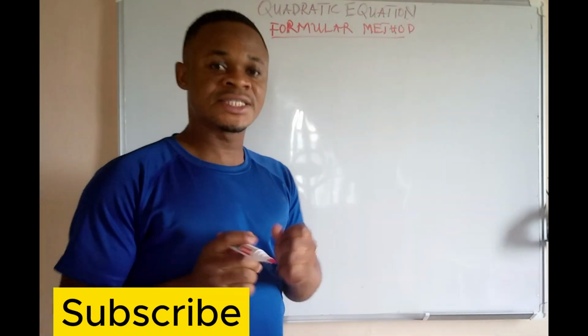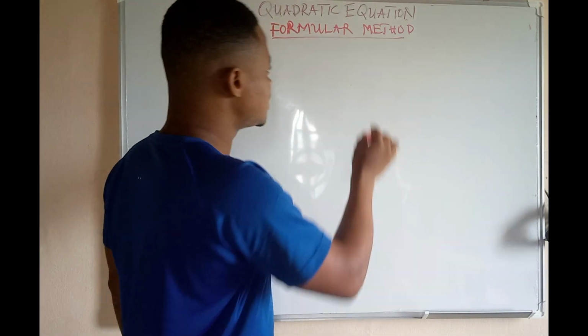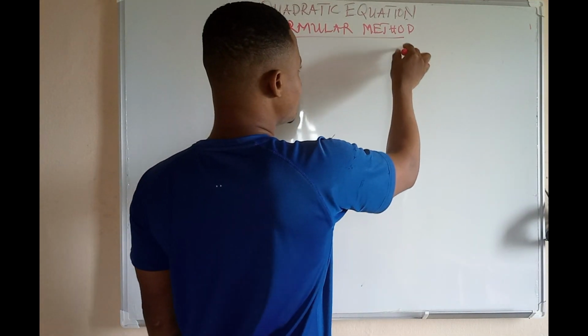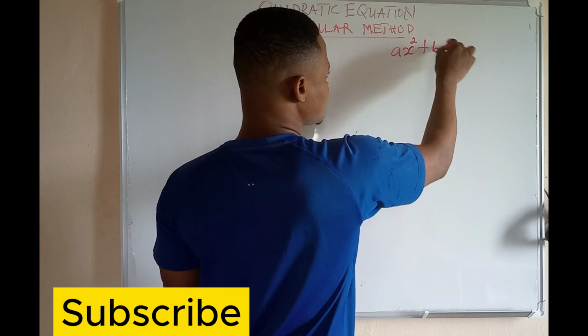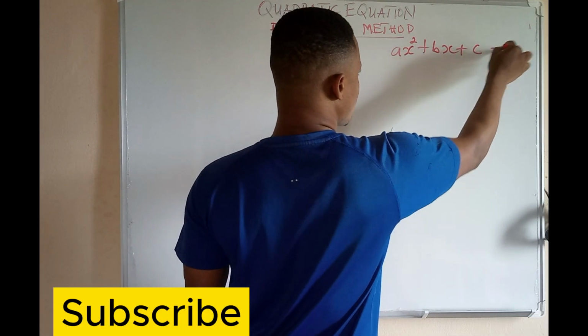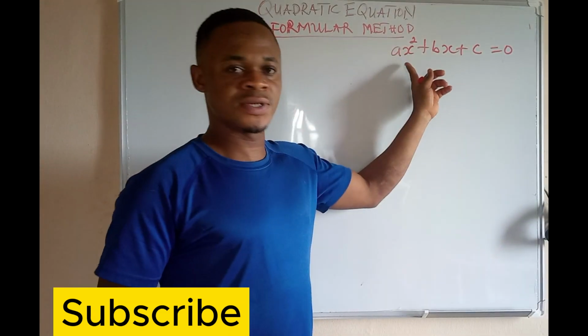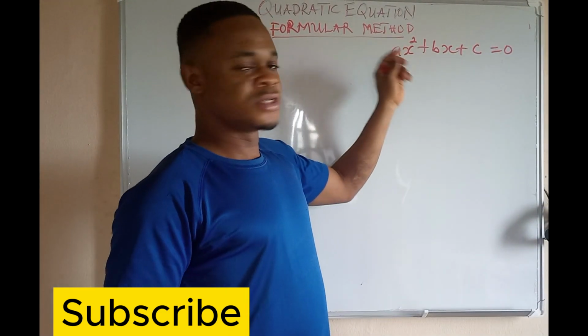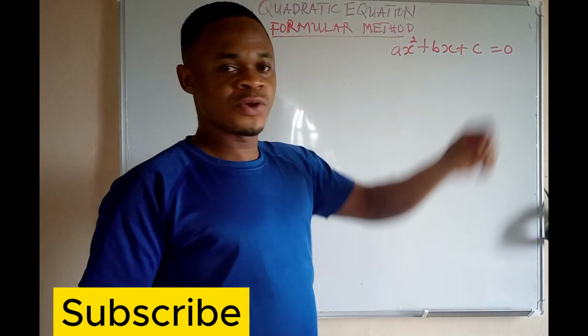We already established that quadratic equations are equations in this form: ax squared plus bx plus c equals 0. There is a formula that can help us get the values of x if we have a quadratic equation.